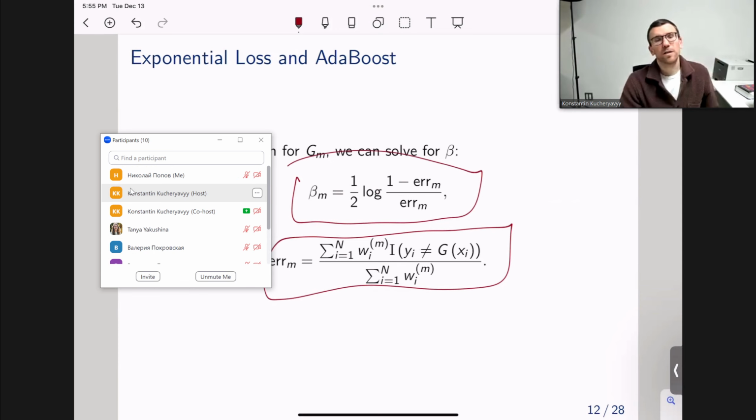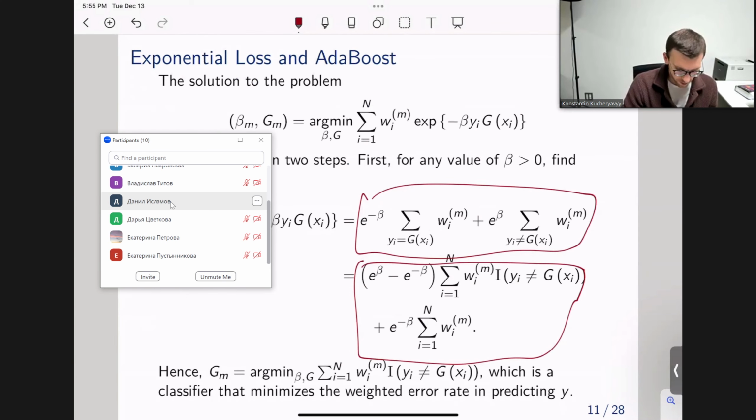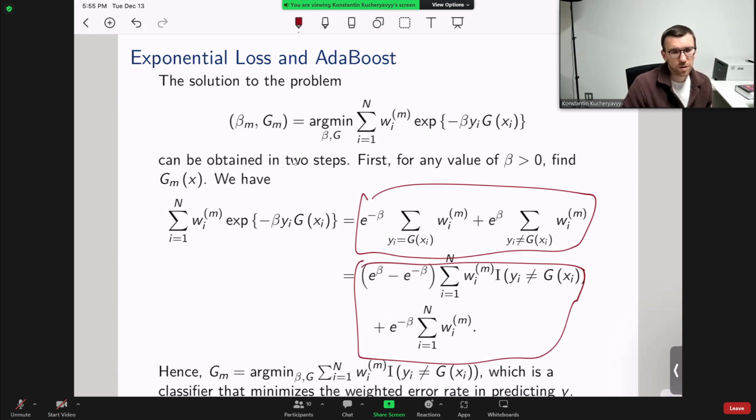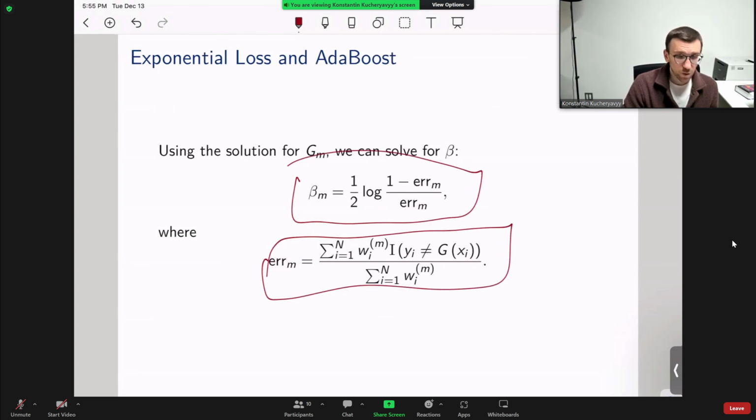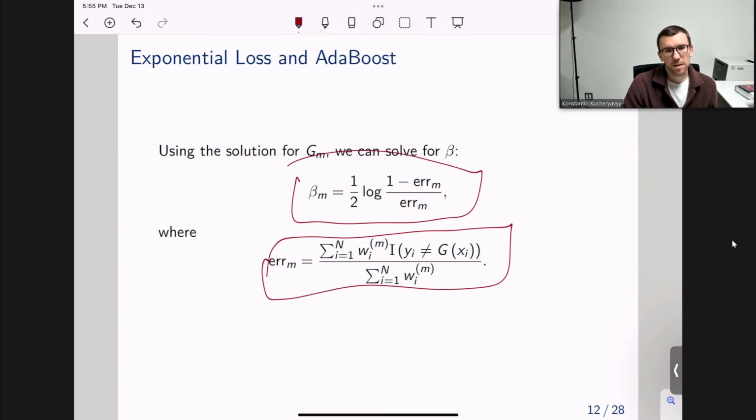You can just differentiate this expression with respect to beta, set it to 0, solve for beta, and you will get this. And that's the proof that indeed what we got is AdaBoost. So to summarize, we have shown that the stage-wise additive modeling approach with the exponential loss function is equivalent to the AdaBoost algorithm.